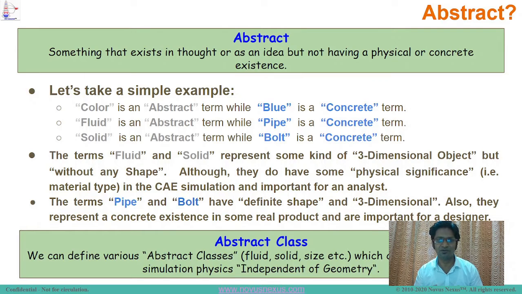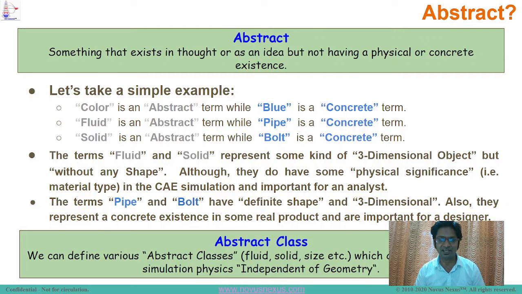In the traditional workflow, we use CAE geometry to set up the physics, whereas in the CAENexus workflow we use abstract classes, and that's why we can set up the simulation independent of the geometry.